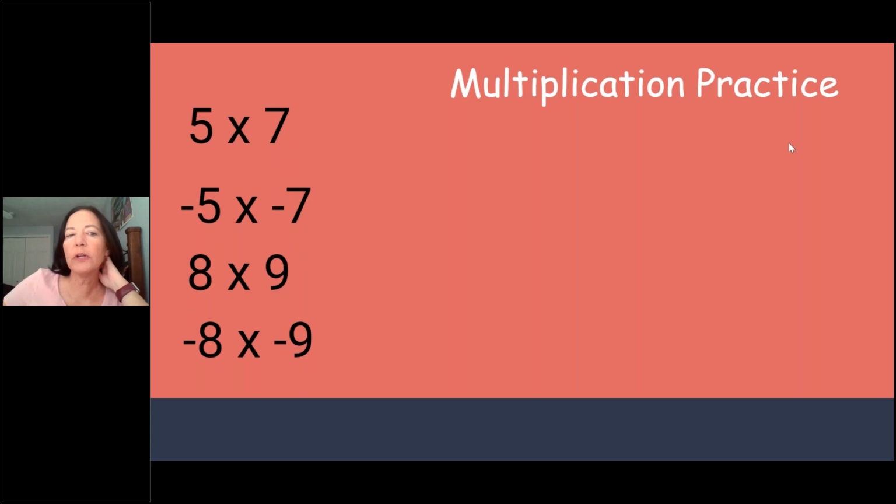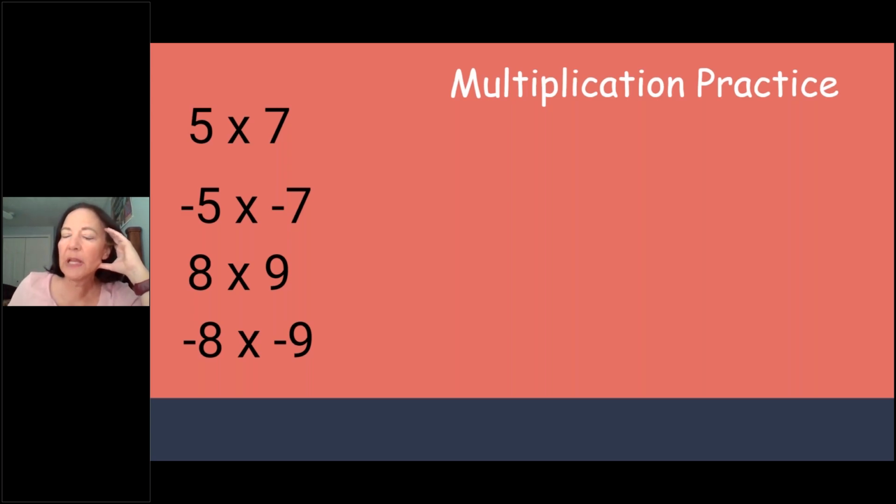Now we're going to go through some practice problems and you answer as we go. I'll read them out loud to you because I know you can't see the screen. The first problem is positive 5 times by positive 7. So we have a positive times by a positive.